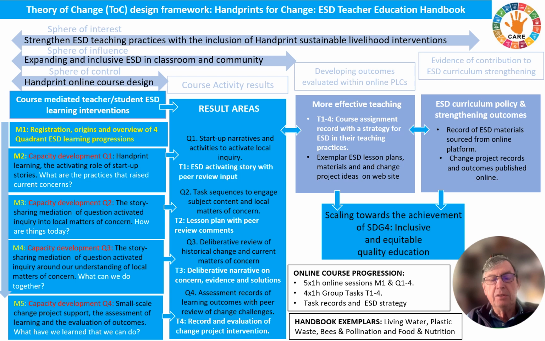And the handbook exemplars could be the 4 that are in the handbook, so that we could design the course and evaluate the course using the 4-quadrant framework and the outcomes of 5 one-hour sessions, which could be aligned with 5 one-hour work-away tasks, which are peer-reviewed and build a community of practice for handprint in a productive way. So I hope this provides some starting points for our discussion on Monday.